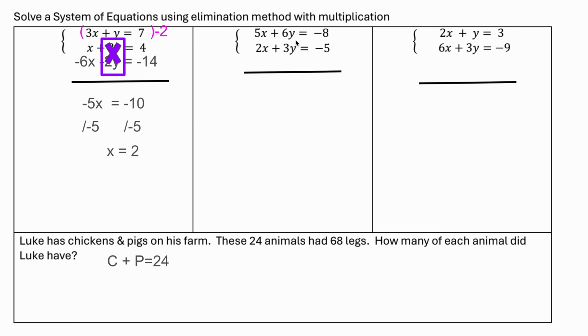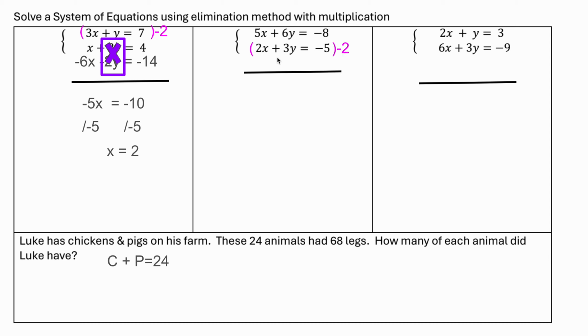Okay, let's look at this middle, and the object is to look at this and say, okay, what's the easiest way to make something look like the other but the opposite? And I know that if I multiplied 3 by -2, I would get -6. And this would be positive 6y, and I could get -6y.